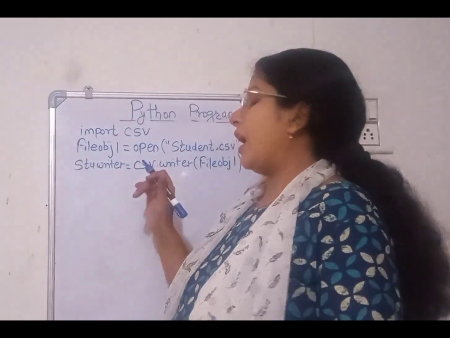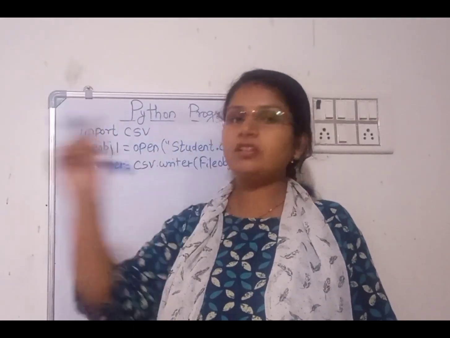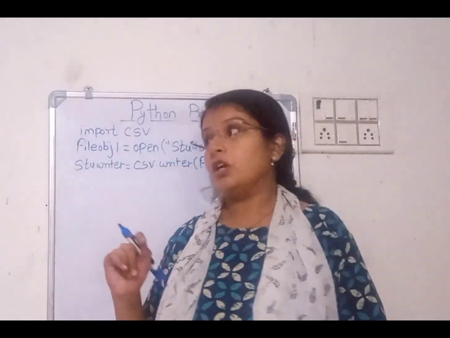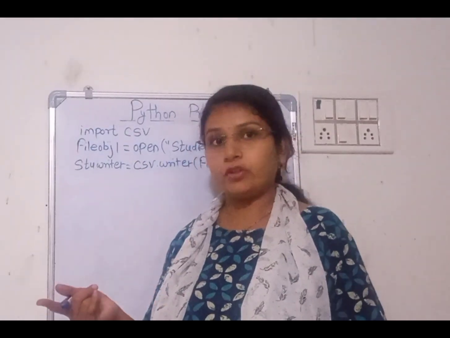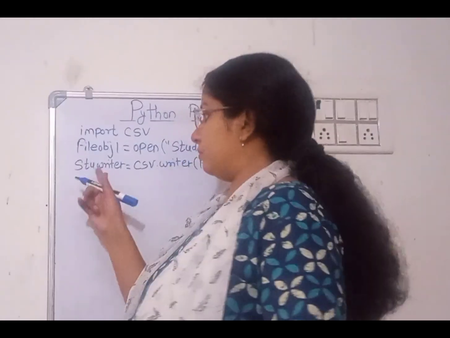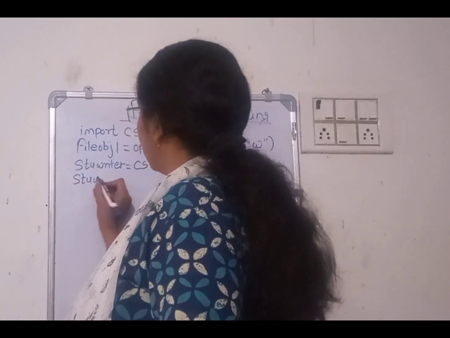So here I am calling the writerow method to write one row only in the CSV file. So how do I call that writerow method? Using the stu_writer object.